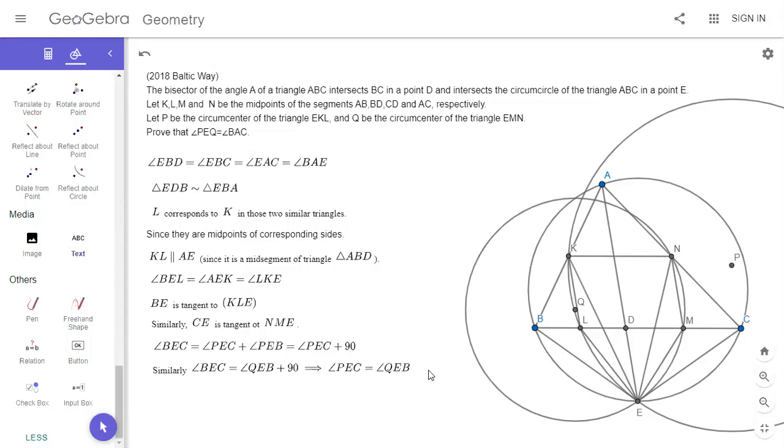Let's see. So PEQ is PEC minus QEB. So that's 90 minus QEB, which is 90 minus PEC. Yeah, now I'm not sure I have the solution. I thought I did, but I think I might have tricked myself.